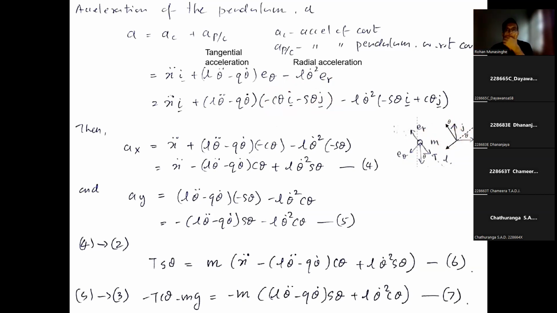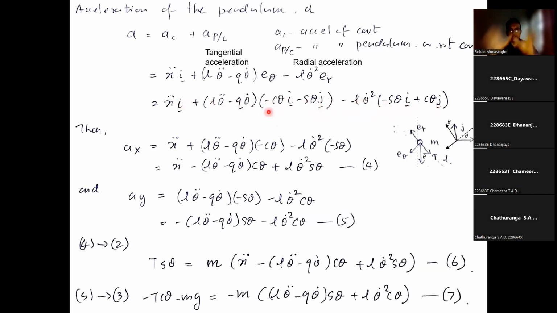And same way, ER, if you look at this direction, and this is angle theta, it is cos theta J minus sine theta I, like that. So we get rid of E theta and ER in this equation. So now you have I and J, right?